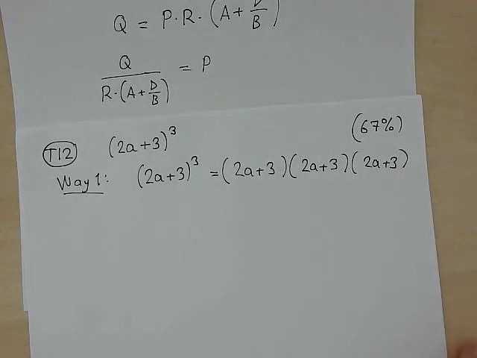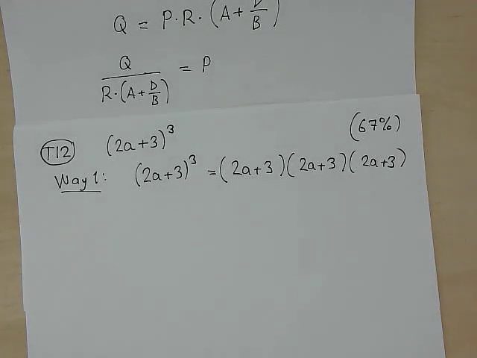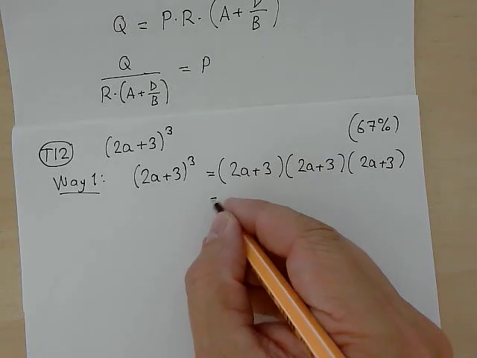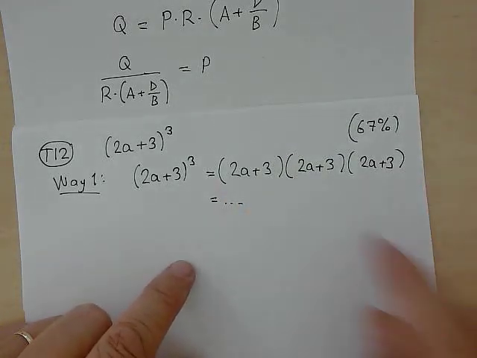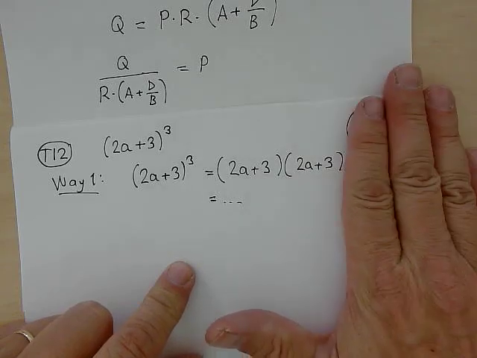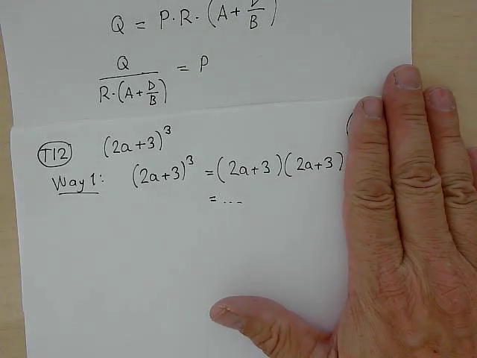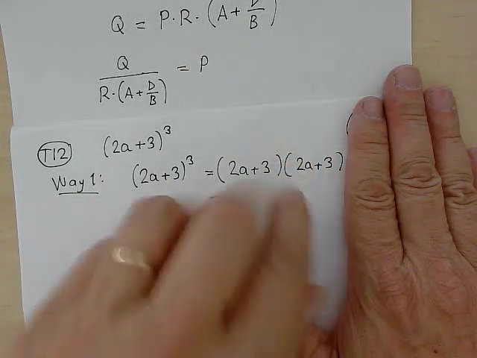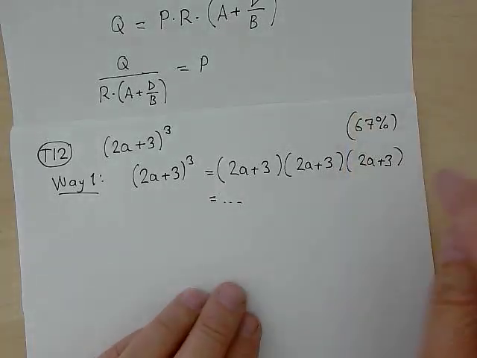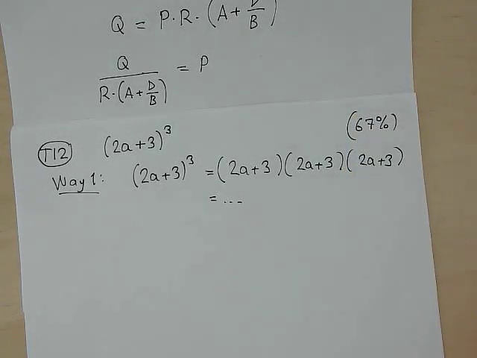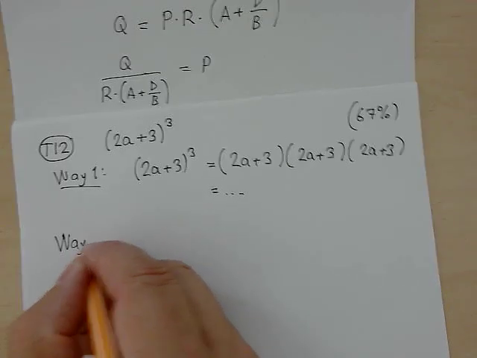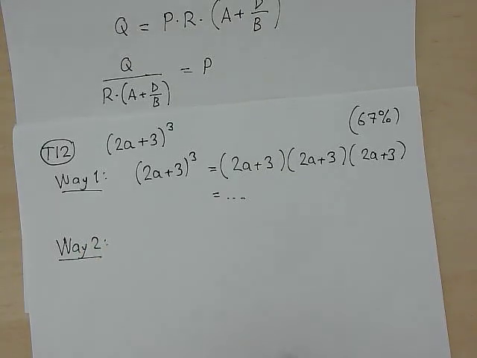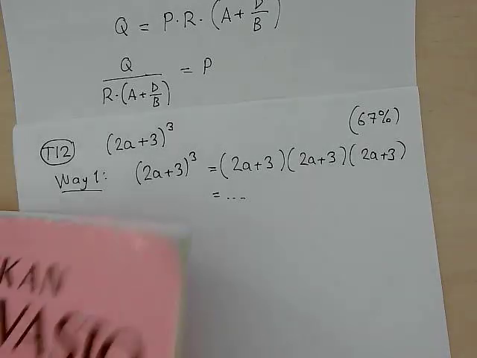But it is a very long way to go through this, because you have to start by multiplying the first two, then multiply that answer by the third one. But let's take another way, the formula way.